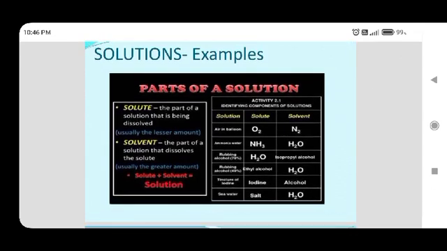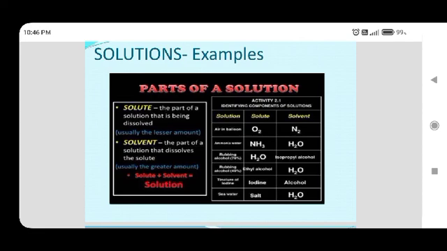Here once again we have a different type of definition of the parts of a solution, which we have already seen. A solute is the part of a solution that is being dissolved, usually the lesser amount. And the solvent is the part of a solution that dissolves the solute, usually the greater amount.